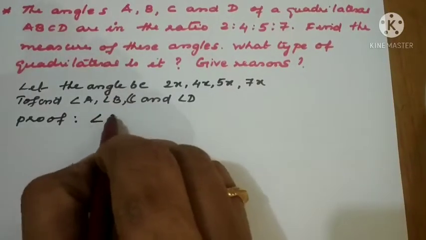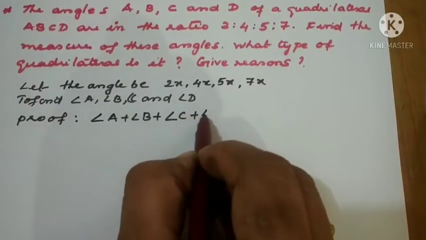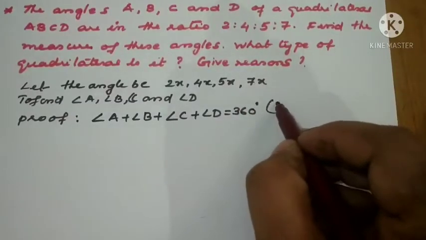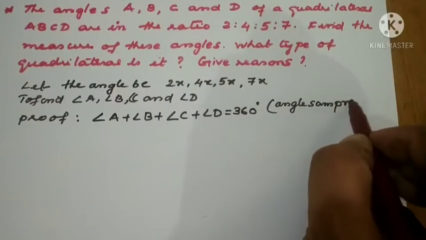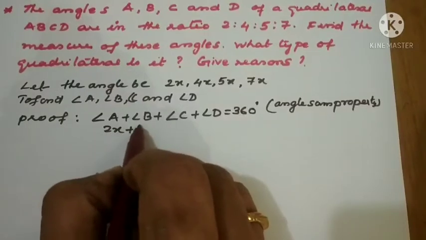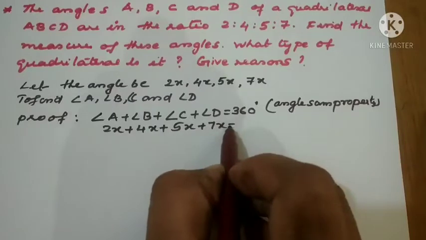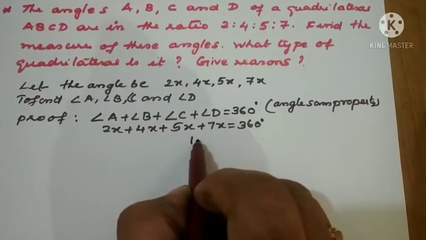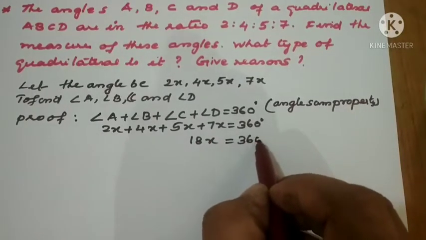Now the proof. We know that angle A plus angle B plus angle C plus angle D equal to 360 degrees, by the angle sum property. 2x plus 4x plus 5x plus 7x equal to 360. So 18x equal to 360 degrees.